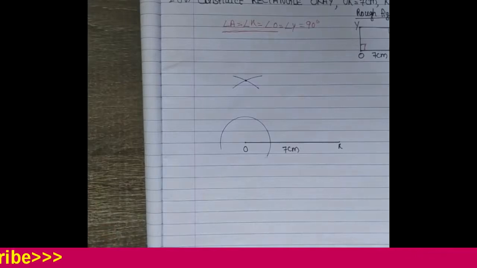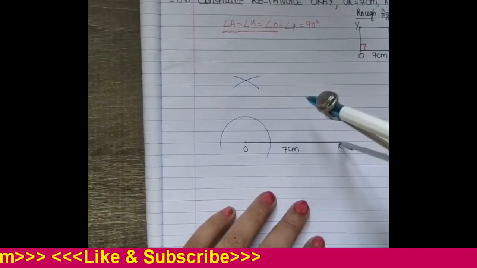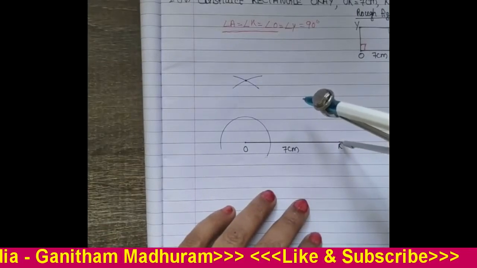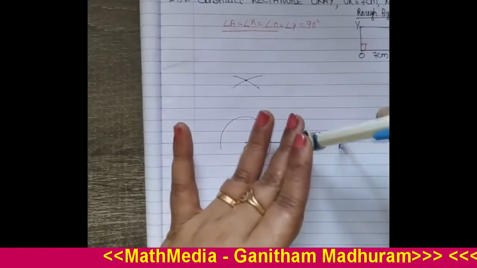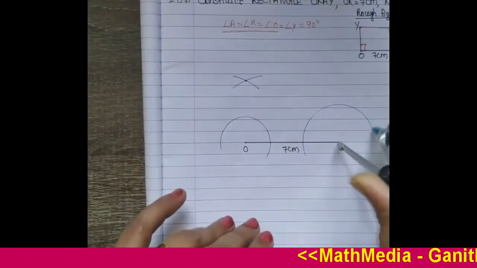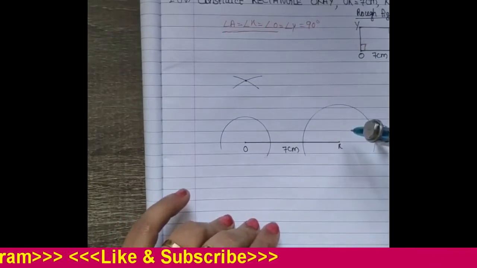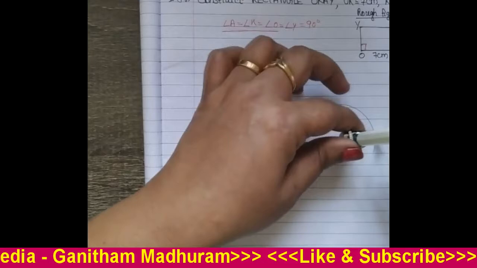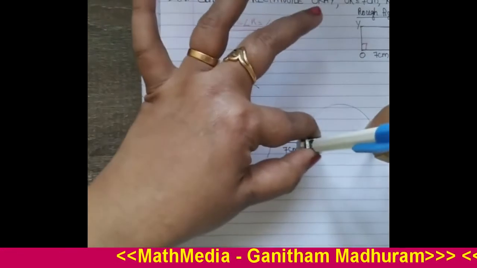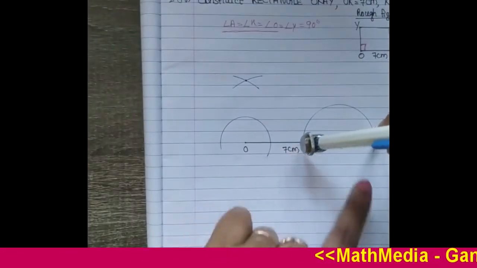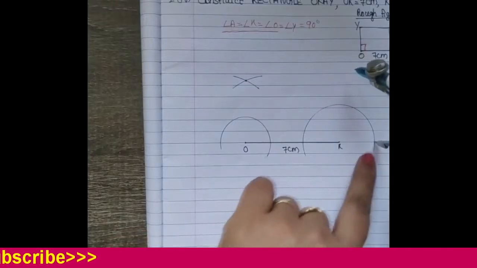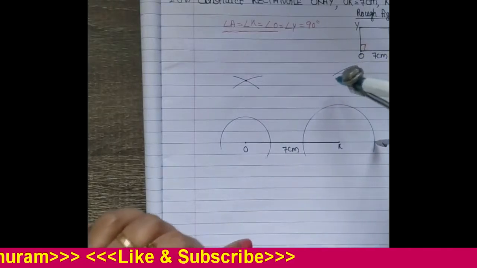Similarly, at K also, any convenient radius, I have to draw a semicircle, and take this point of intersection, take more than half of this one as the radius. With the center here, draw an arc over here.